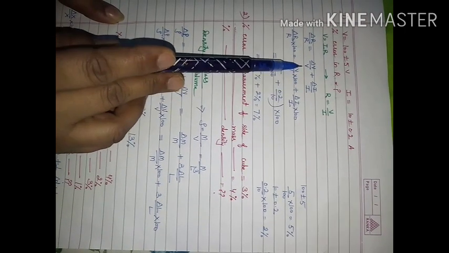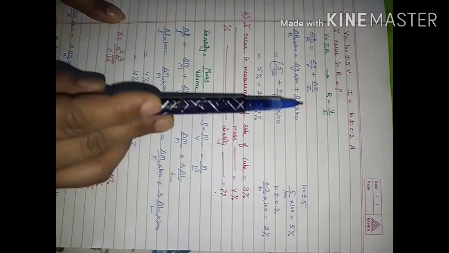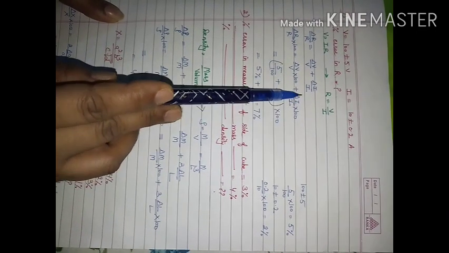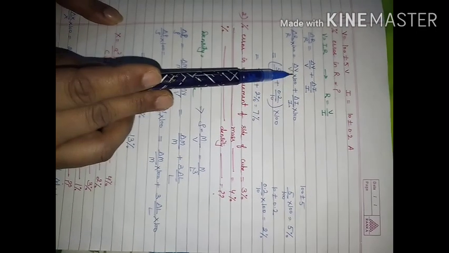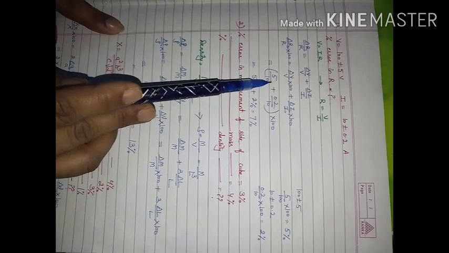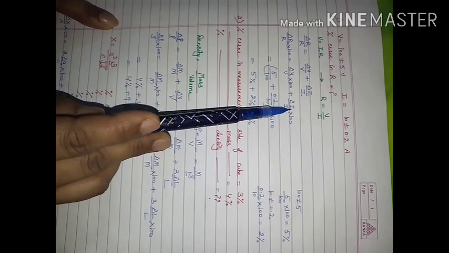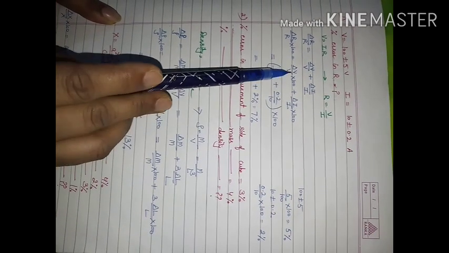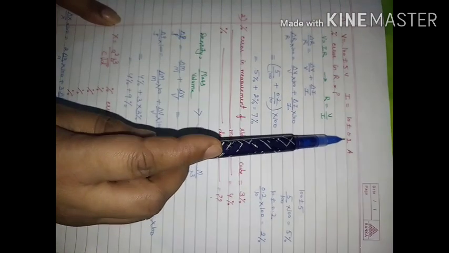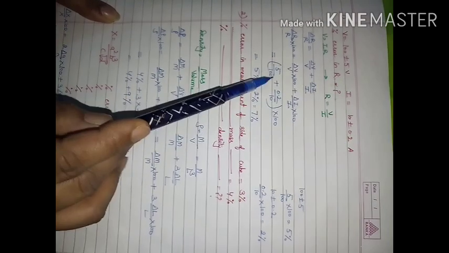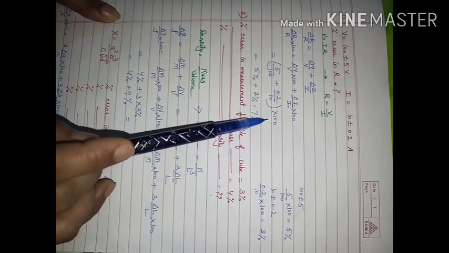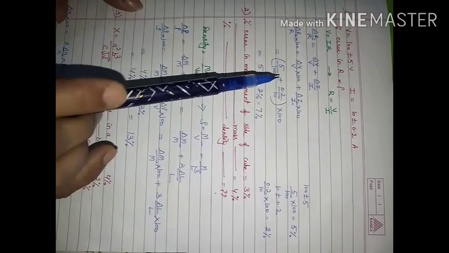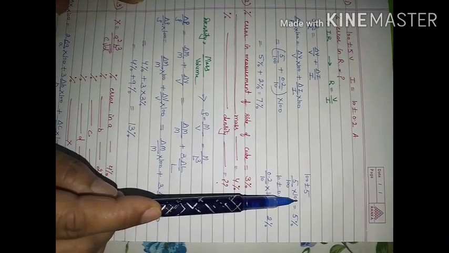This is representing percentage error in V. This is representing percentage error in I. And how to find this value? This will be 5 upon 100 plus 0.2 divided by 10 into 100, because delta V is 5, delta I is 0.2. So when you solve it, what will you get? You will get 7%.